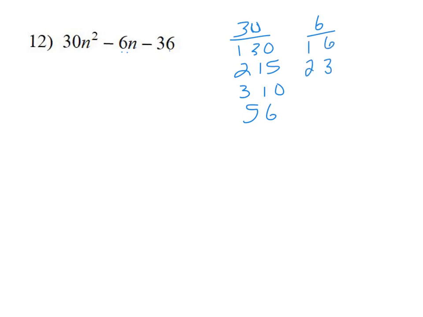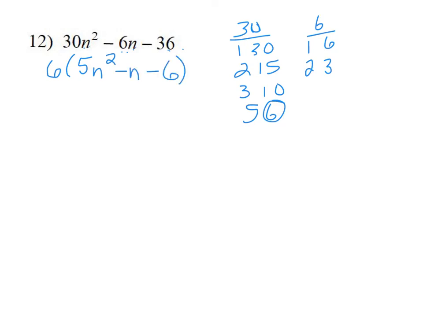So if 36 is divisible by 6, we can take out a 6. Which if we do 36 divided by 6, totally works. So we're going to take out a 6, and we have n squared, n, no n. We can't take out a variable. But if we take out the 6, we're left with 5n squared minus n minus 6.